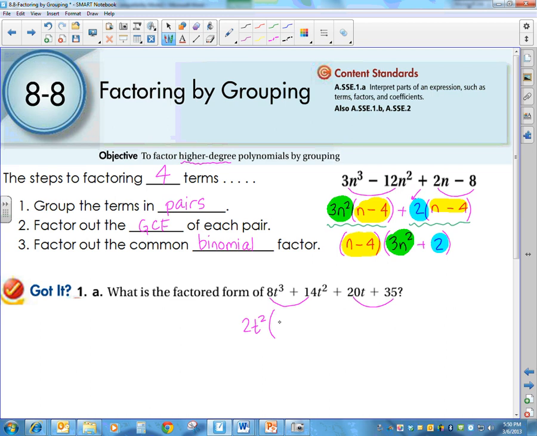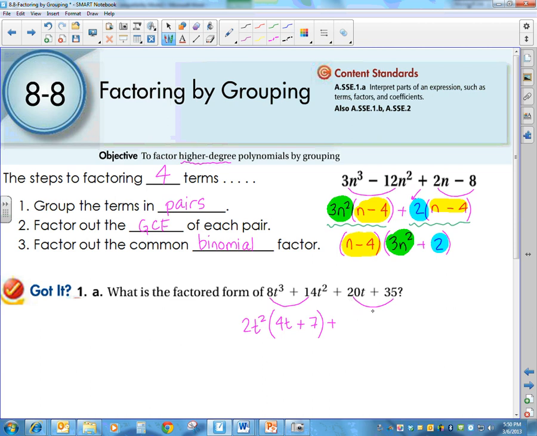And that's going to leave me 4t, because I had 8 divided by 2 is 4. T to the third, or 3 t's, take away 2 t's, leaves me with 1 t. 14 divided by 2 is 7. I have 2 t's, take out 2 t's, and I don't have any t's left. So I have 4t plus 7. Carry down my sign. Okay?